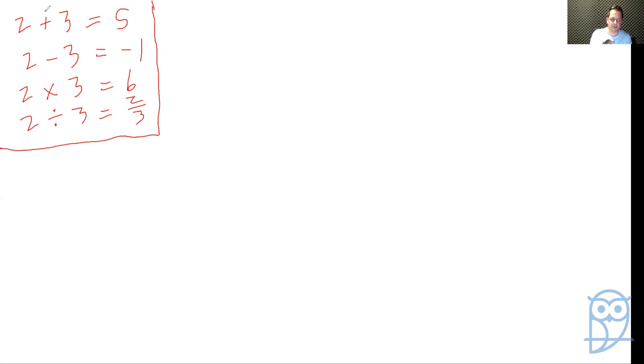These are called operations. So all of these signs that you have over here are known as operations. And we can do operations on matrices as well. So remember, in a matrix, you have rows and you have columns. And in a matrix, we can have any number of rows and any number of columns that we want.